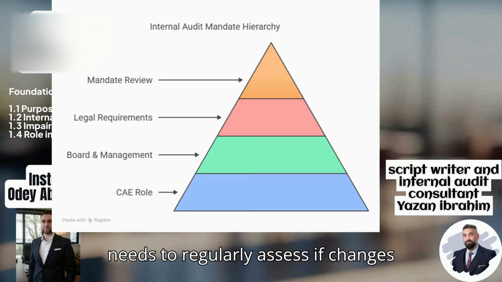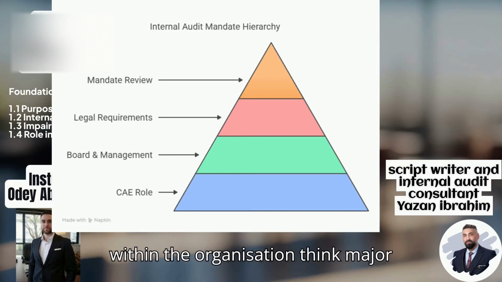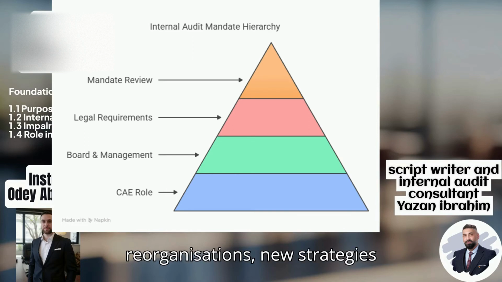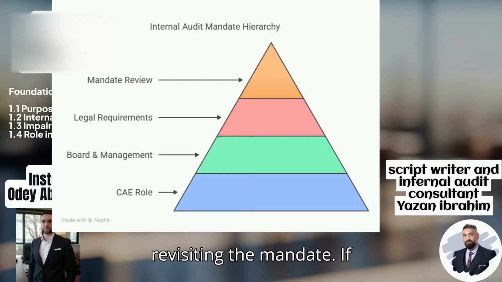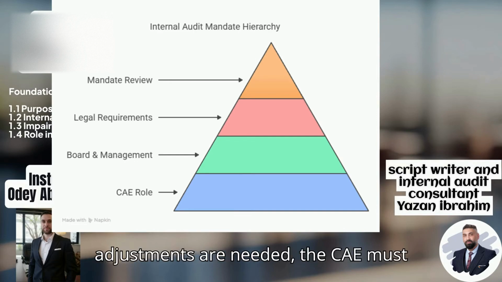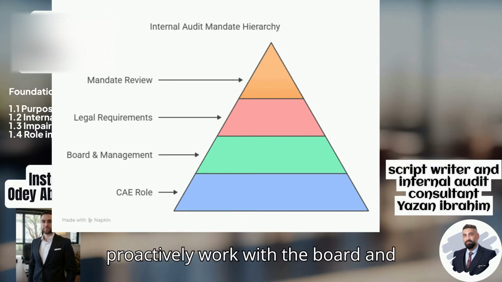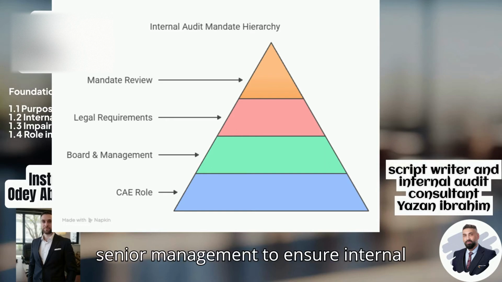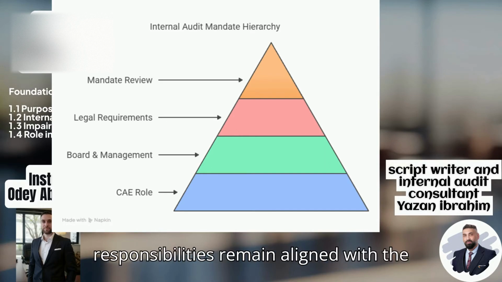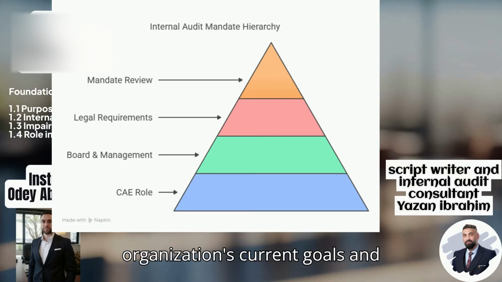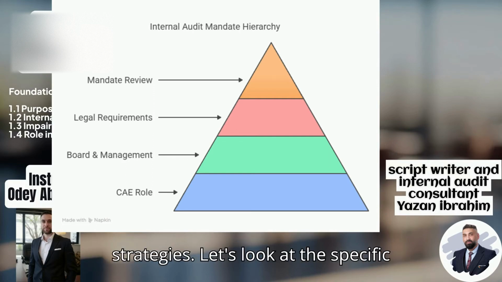The CAE needs to regularly assess if changes within the organization, think major reorganizations, new strategies, or shifts in the risk landscape, require revisiting the mandate. If adjustments are needed, the CAE must proactively work with the board and senior management to ensure internal audit's authority, role, and responsibilities remain aligned with the organization's current goals and strategies.